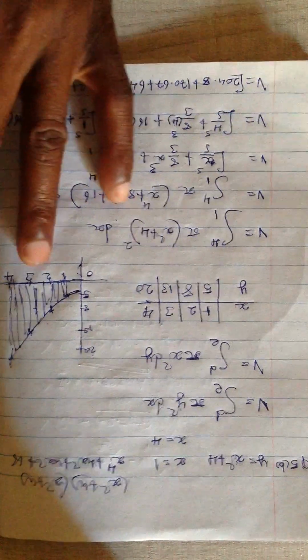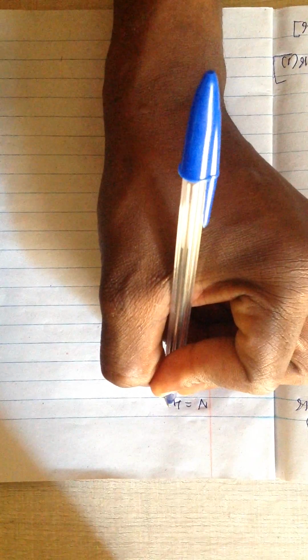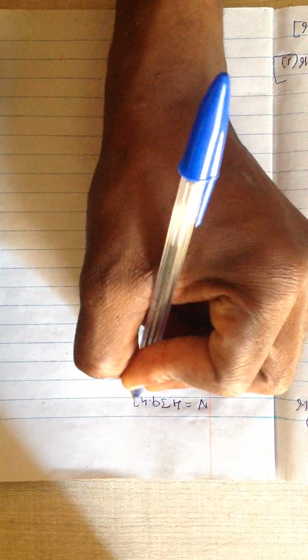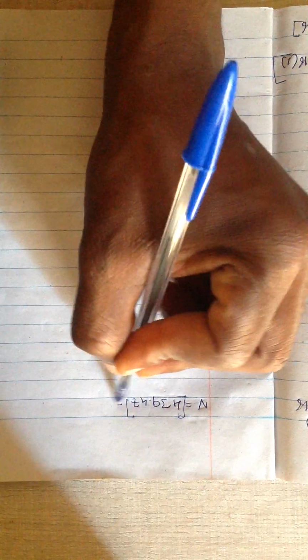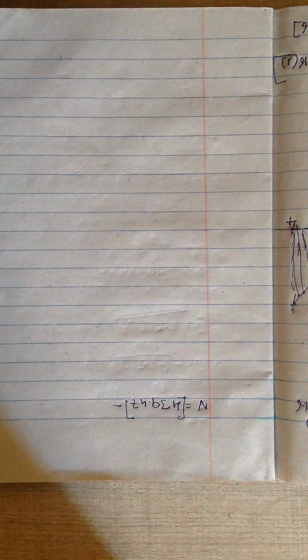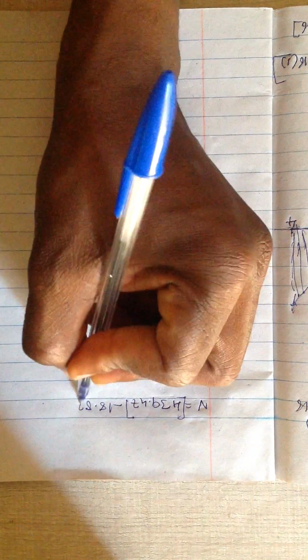We are going to have 439.47, minus what is 0.2 plus 2.67 plus 16? We're going to have 18.87.